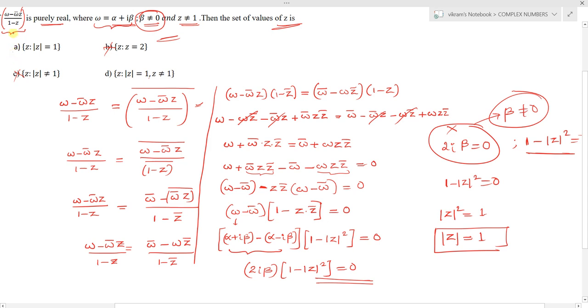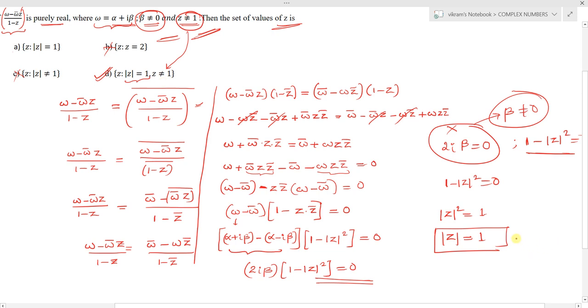No, but again read the question. Z not equal to 1 is also a condition he has given. So the correct option is D. Why? Because from the solution we obtain mod Z equals 1, and in the question he has already mentioned that Z not equal to 1.